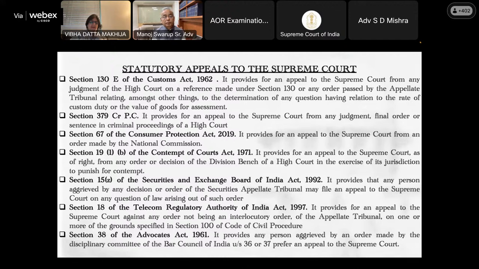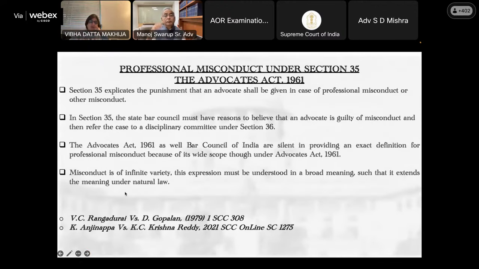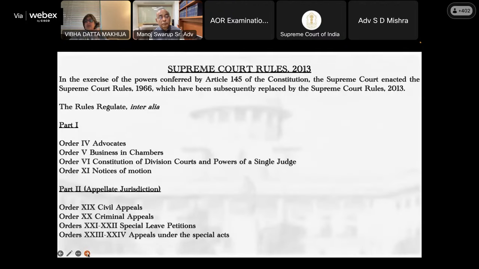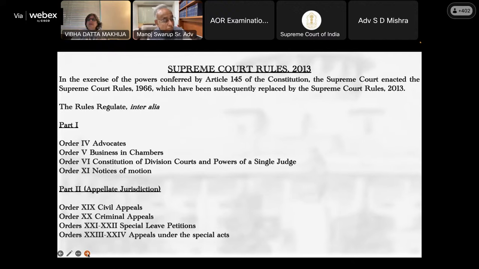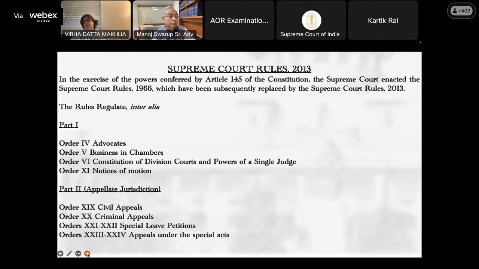Then various aspects of practice in the Supreme Court are covered under this paper. You will also come across how lawyers have to conduct their practice in the Supreme Court. So you might also like to look at what is professional misconduct. And then finally, please do minutely look at the Supreme Court rules. Do try and memorize the provisions, the order numbers, the rule numbers, and I would suggest that you be very, very conversant with the Supreme Court rules because they are the handbook of procedure.